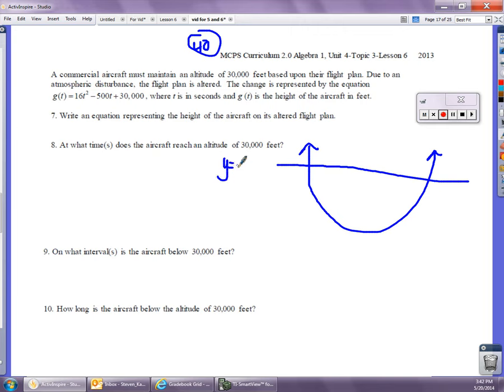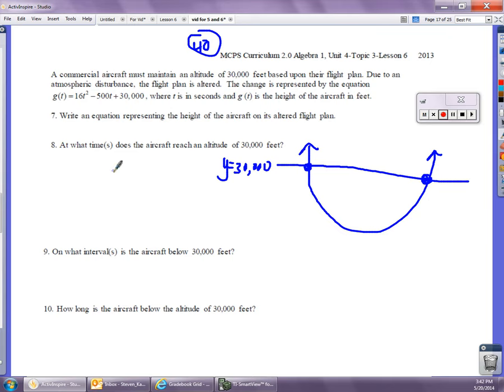You can think of this horizontal line as y being 30,000 feet. In order to know when it dips below 30,000 feet and when it's above 30,000 feet, we need to know the intersections of this linear equation and this quadratic equation.